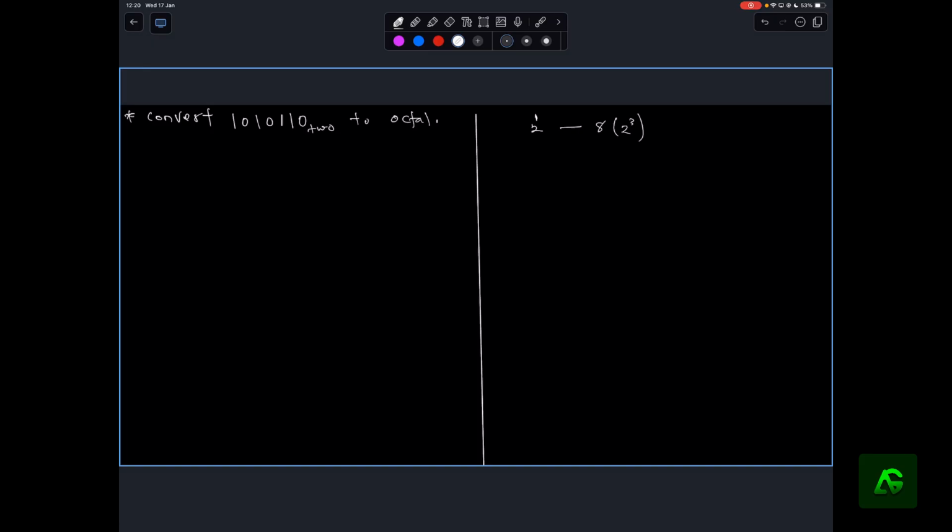So probably there is a faster route we can play around with. Or we can use the long route, meaning we convert this base 2 to base 10, then from base 10 back to base 8. We will try both approaches.